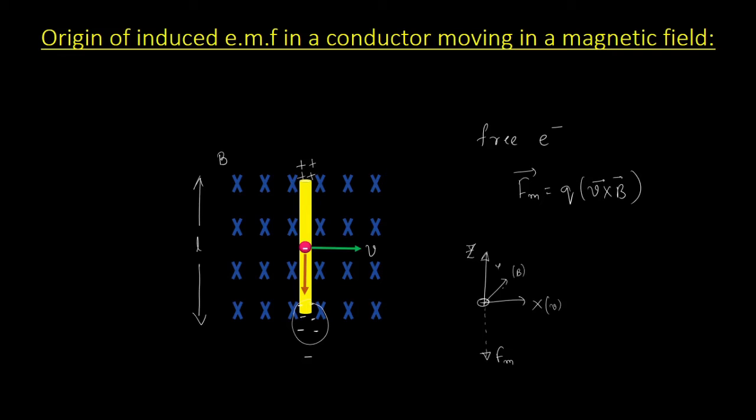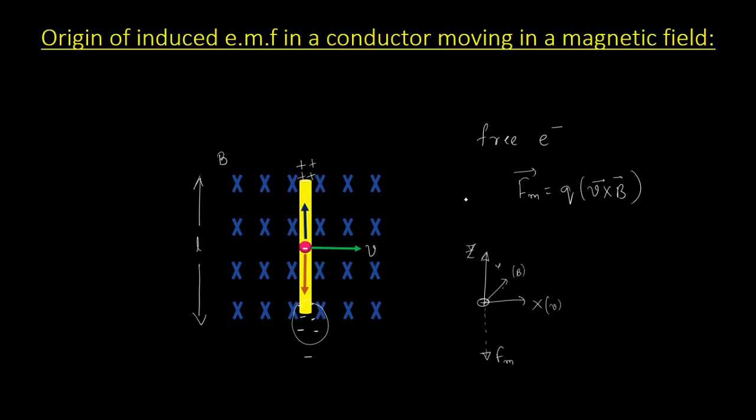What does that mean? Now, this will create an electric field, right? Whenever the negative charge moves downwards, that will create an electric field. The electric field in this case will be pointing upwards. Now we have two forces.